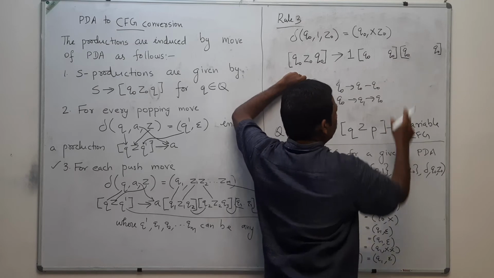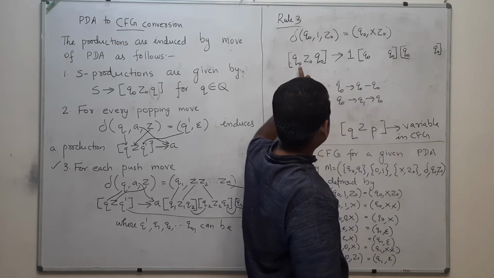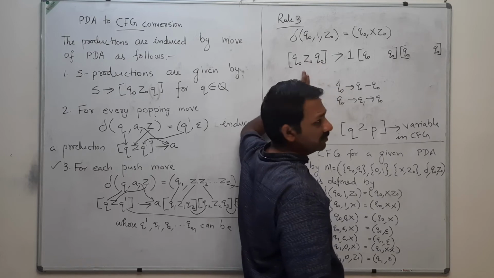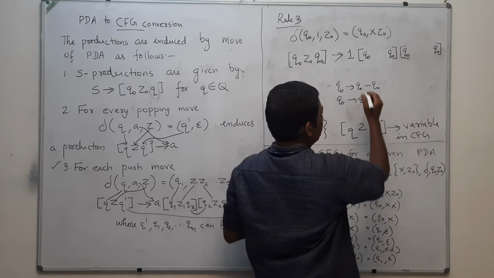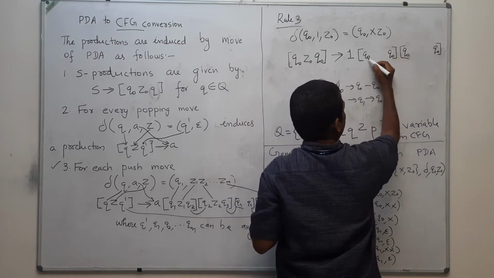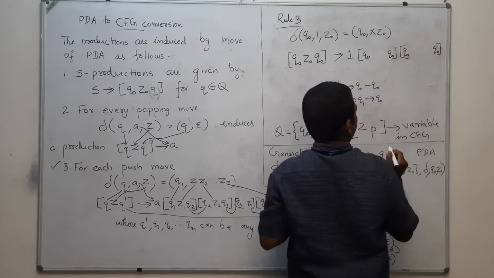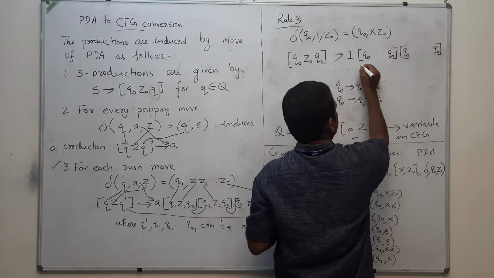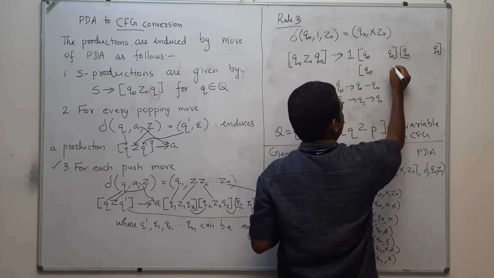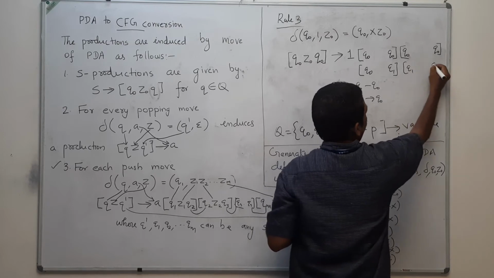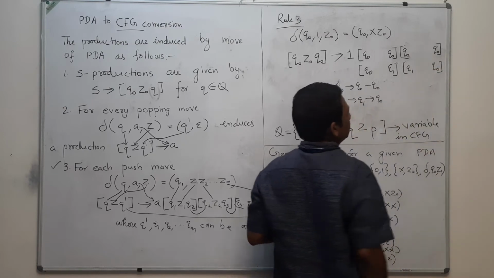As you have two variables, you have to start from Q0 and reach Q0 as per this. You can move from Q0 to Q0 and then Q0 to Q0, or another possibility is from Q0 to Q1 and from Q1 to Q0. These are the two possibilities.